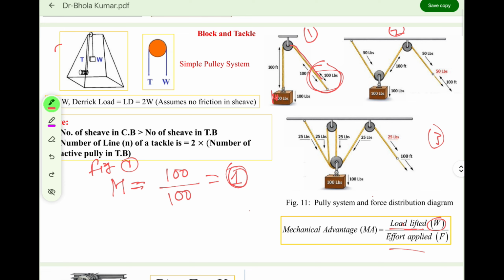Why am I saying this? The mechanical advantage has to be greater than 1, then we can say it is a mechanical advantage, otherwise we cannot say this is mechanical advantage, right?